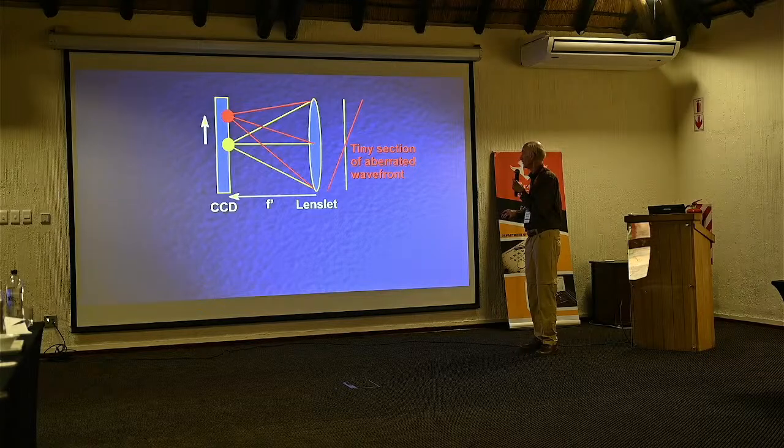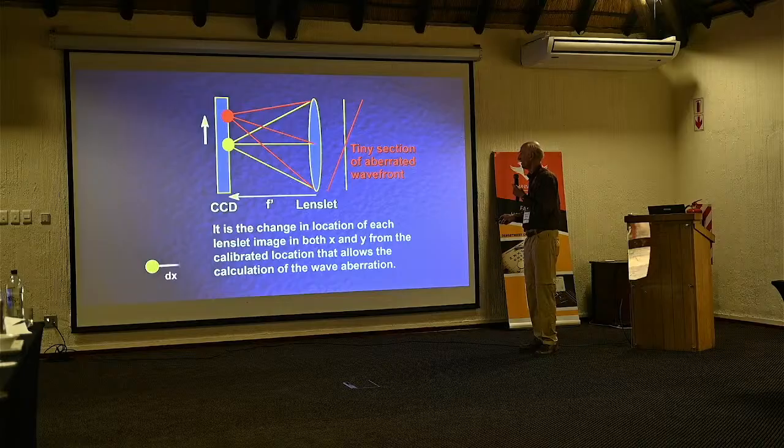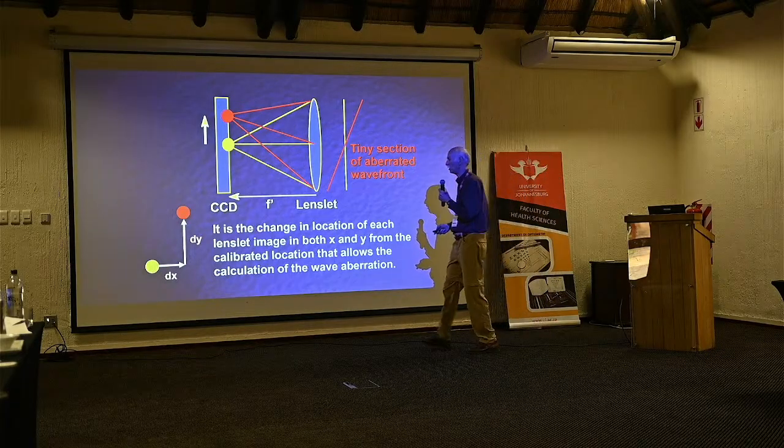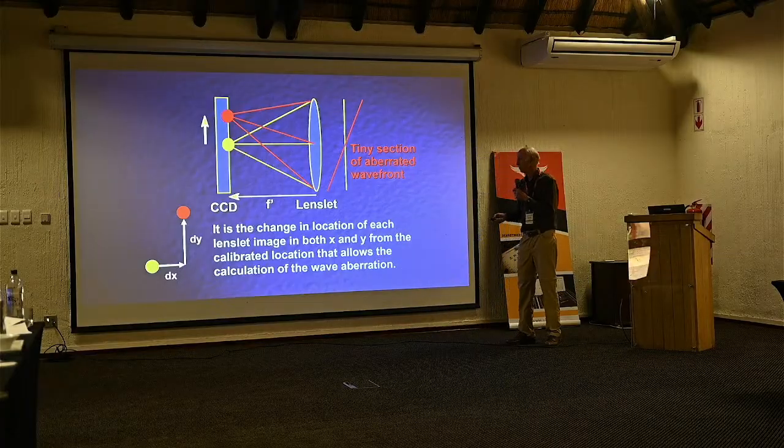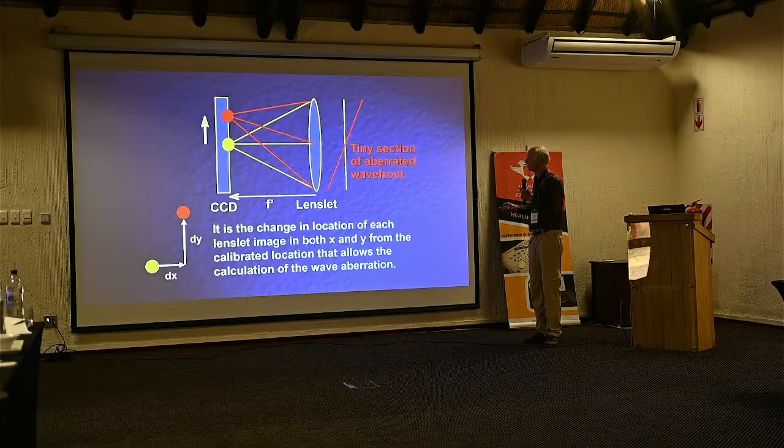So in the end, we're measuring the slope of a tiny little piece of the aberrated wavefront, and its position is a summary here. It can change both horizontally and vertically. And that gives us tip and tilt of the wavefront, the two slopes, horizontal and vertical.